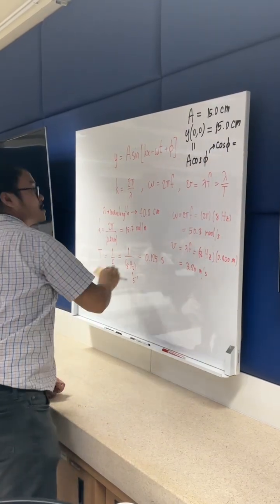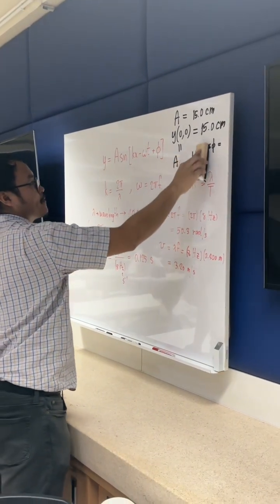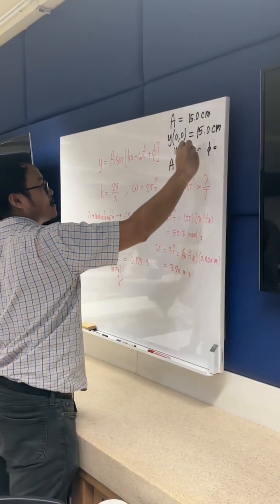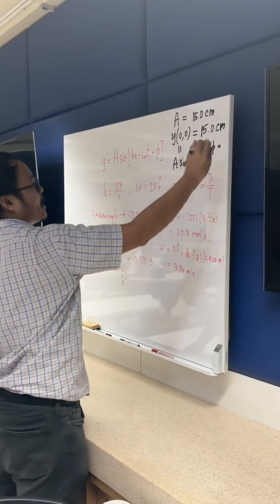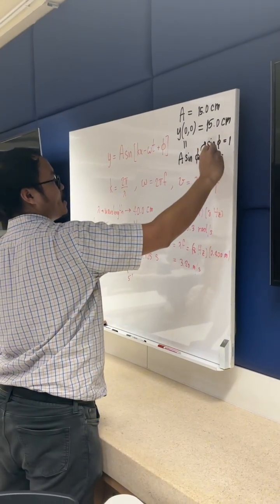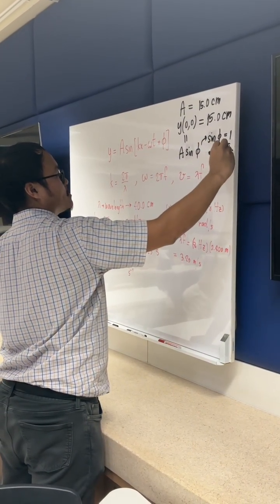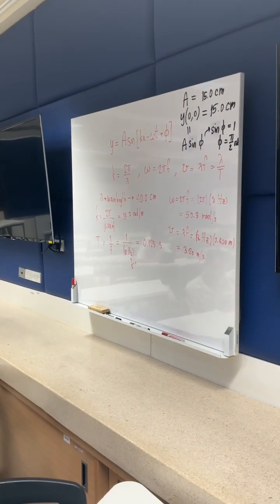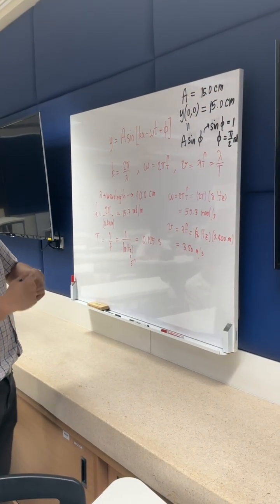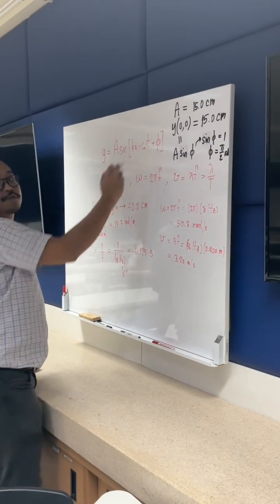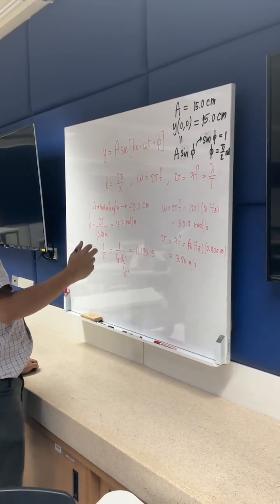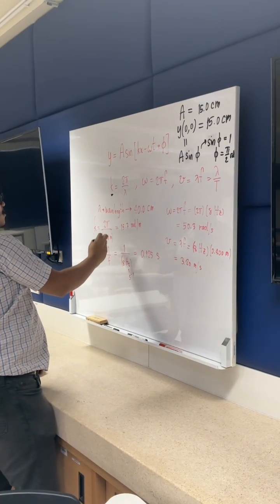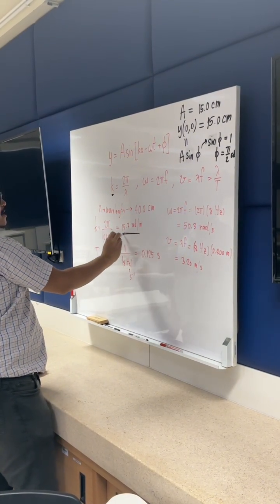Wait, no. I think we use the sine here, right? Not the cosine. We use the sine. So if we use the sine, then sine phi equals 1, meaning that phi is pi over 2 radians. Right? And then finally, we now know everything, right? We know that A is 15. We know that K, the wave number, is 2 pi over 40 centimeters, this number, right?